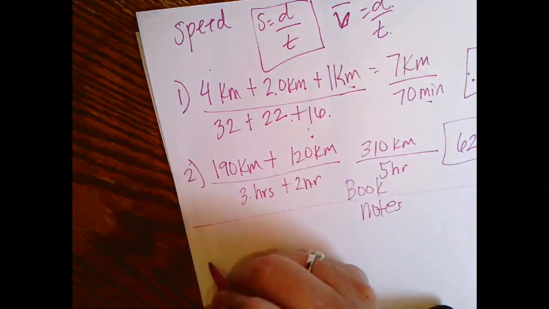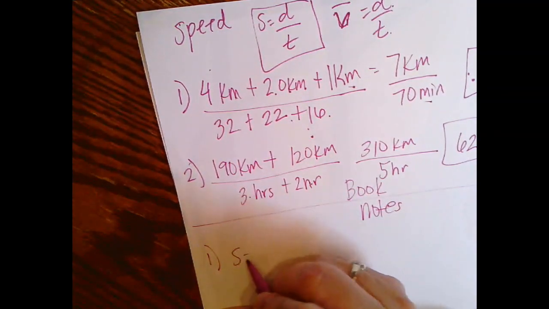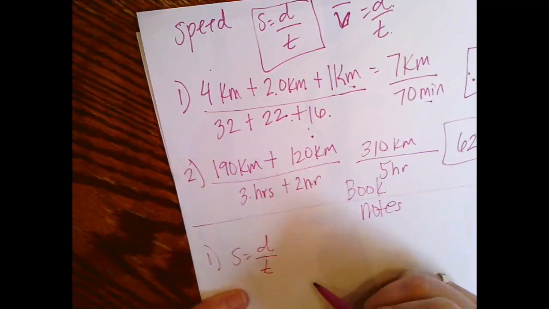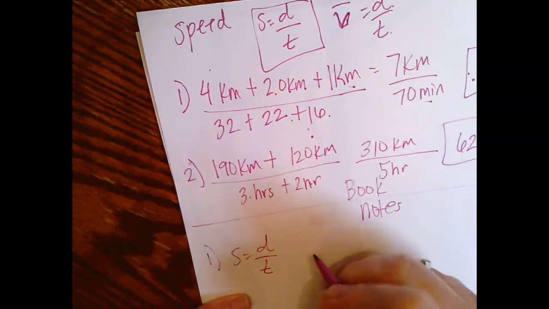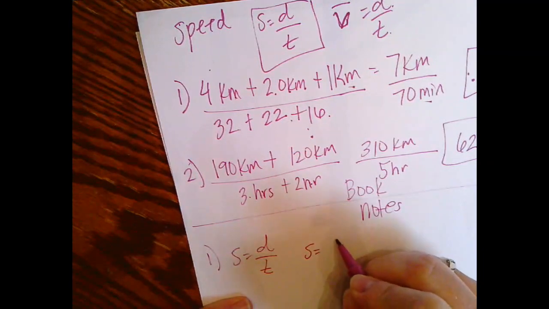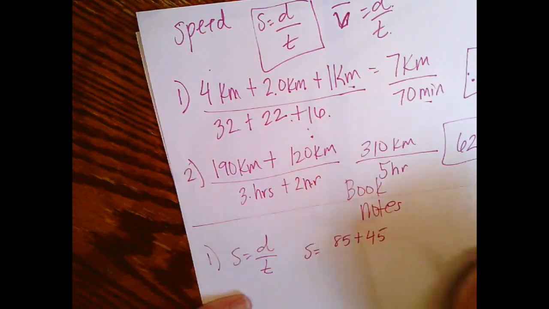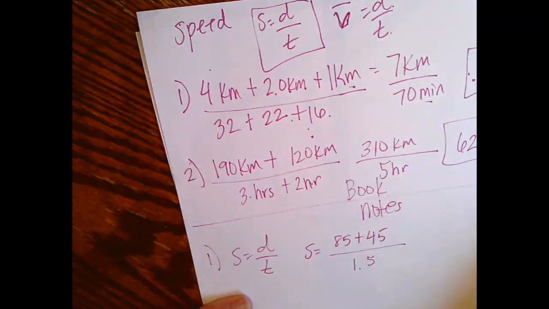Okay, so number one would be this. You got to do your formula. I forgot to do that on the other one. You're looking for speed on this one. What's the average speed? So you're actually looking for speed. Your distance would be 85 plus 45, and then your total time is 1.5.